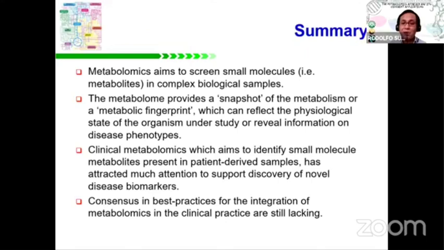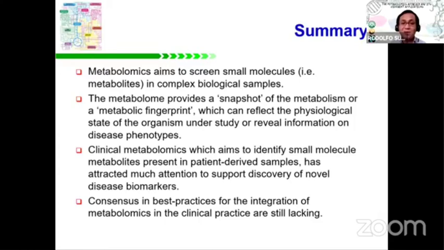In clinical metabolomics, which aims to identify these small molecules present in patient-derived samples, such as blood, serum, plasma, urine, sweat, saliva, breast milk, they've been attracting attention to support discovery of novel disease biomarkers. However, it remains a bottleneck in its application in the clinical setting.